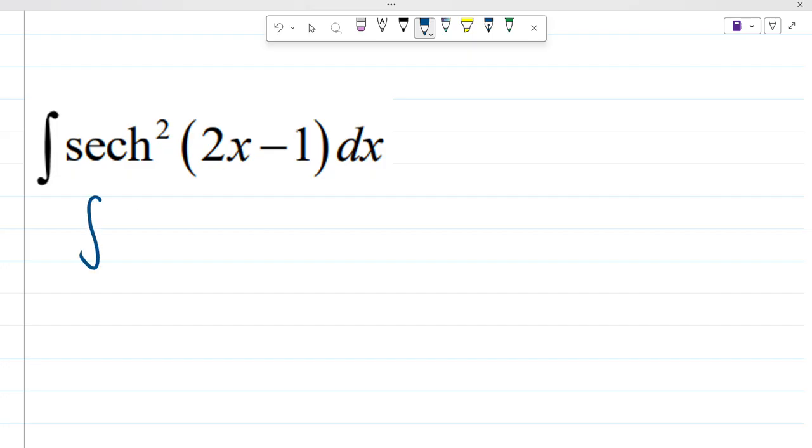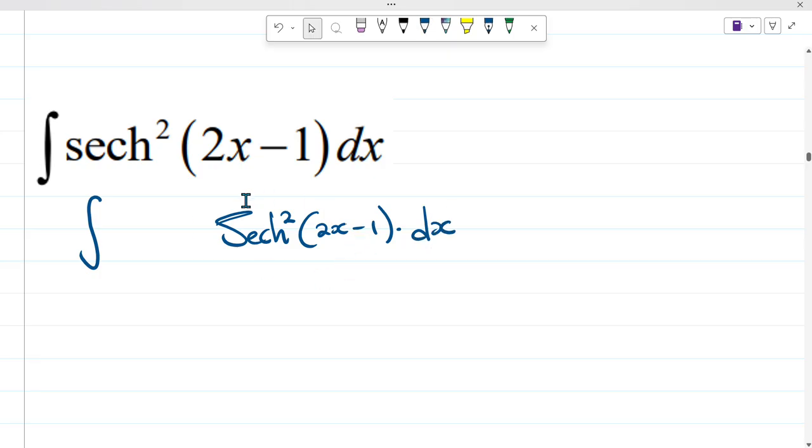When we differentiate 2x minus 1, what do we get? Before that, let me rewrite the equation first: hyperbolic sec squared of 2x minus 1 dx. Whenever we differentiate 2x minus 1, we get just a 2, right?